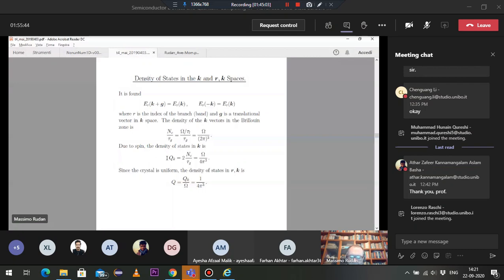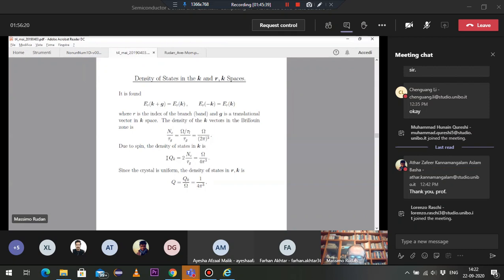In many situations, instead of the density of states in K, we must consider a combined density of states in the R and K space. The R and K space is 6-dimensional, of course. But this is quite easy because all the considerations that we have done so far refer to a crystal that is uniform in the physical space.